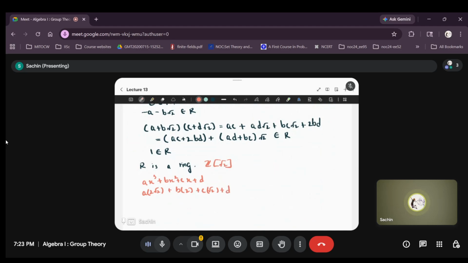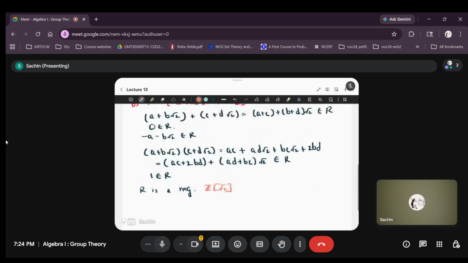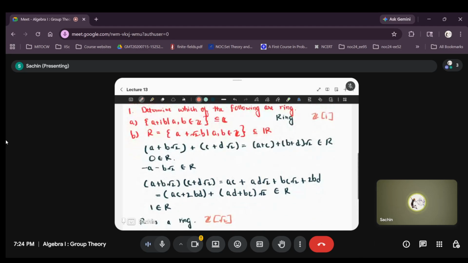This will simply be 2b plus d plus 2a plus c into root 2. And these are both integers. So the powers of root 2 are simply 2 and root 2. So you don't get anything extra by taking powers of root 2. So this group is actually simply Z[root 2].